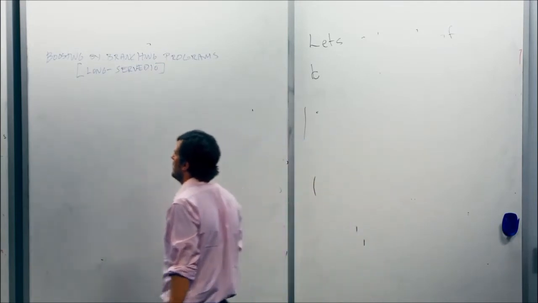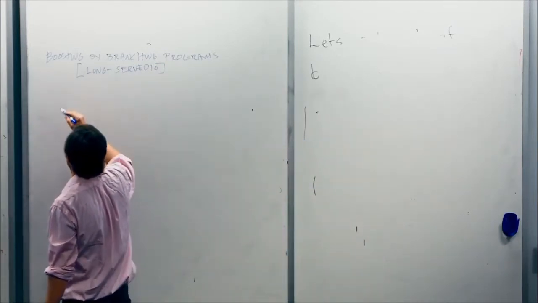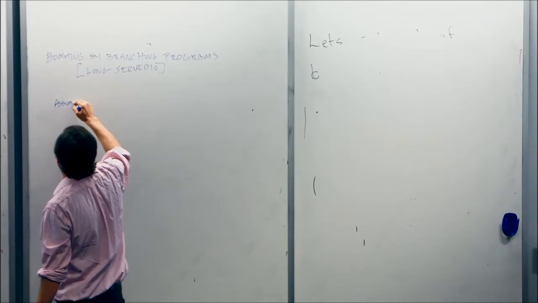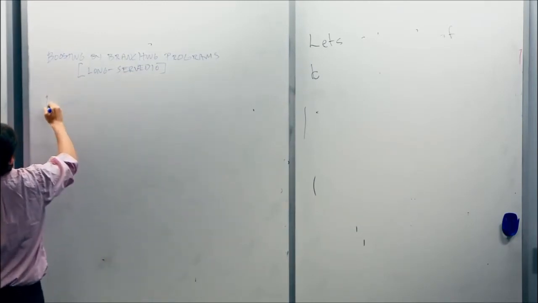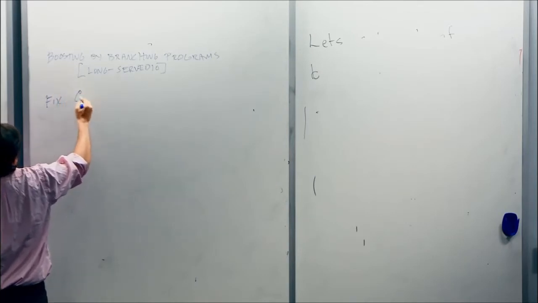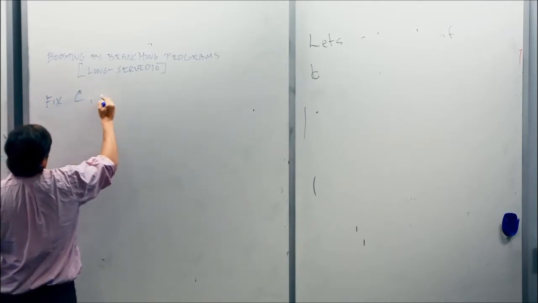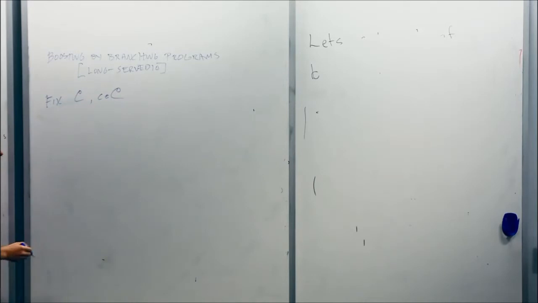Okay. So remember, we're going to assume that we fix a concept class C and some c in that concept class that you're trying to learn. Again, there's no noise here.